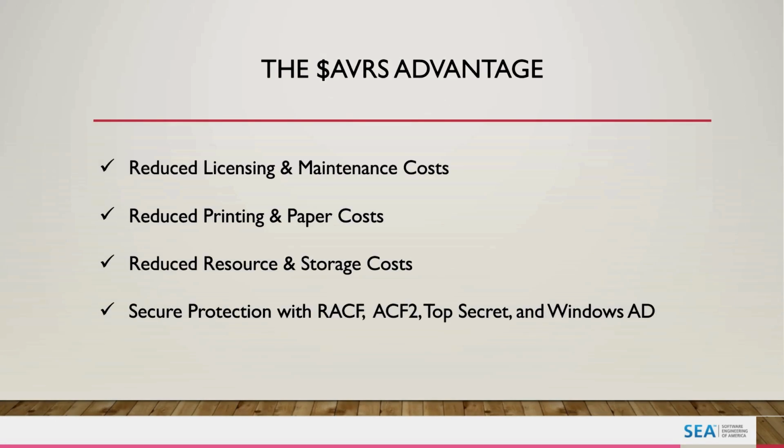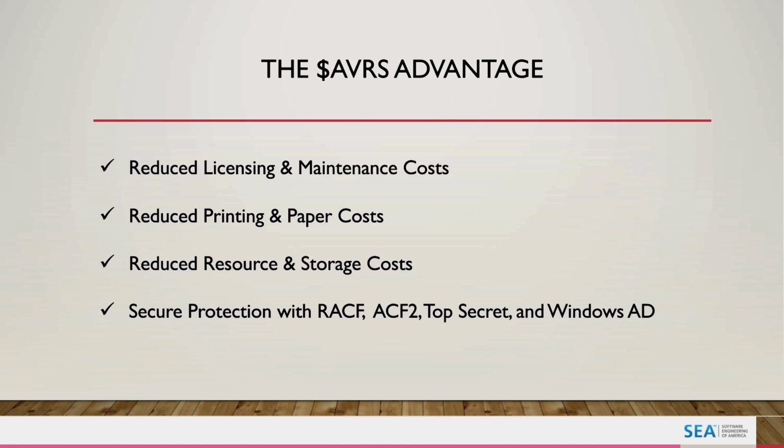Savers' return on investment is typically realized in a very short period of time. Our license and maintenance costs are very competitive. You will be able to reduce print costs, including paper, ink, and image charges. Potentially, you can reduce your printer footprint, which reduces maintenance costs and depreciation.